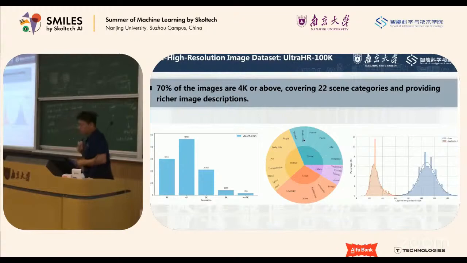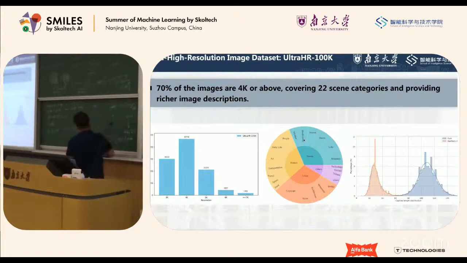And the right figure shows that our dataset provides richer image descriptions. What does image description mean?